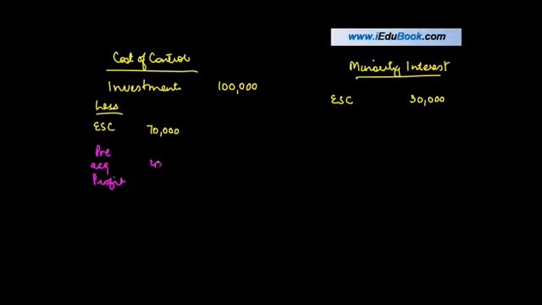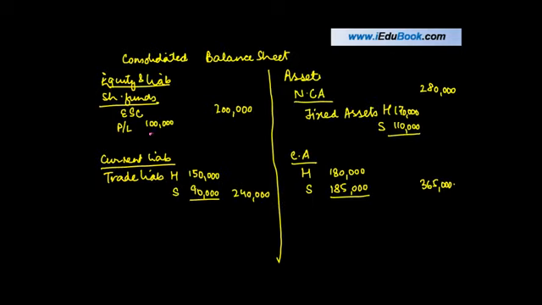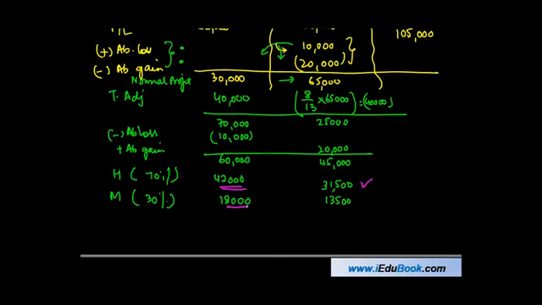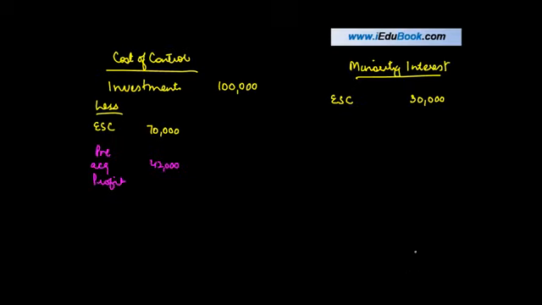So 42,000 comes here. 31,500 I can just add to the consolidated profit and loss account. Now this becomes consolidated profit and loss account plus post profits 131,500, right? Now insofar as minority is concerned, we can just take the total of these two. 18 plus 13,500 gives you 31,500.